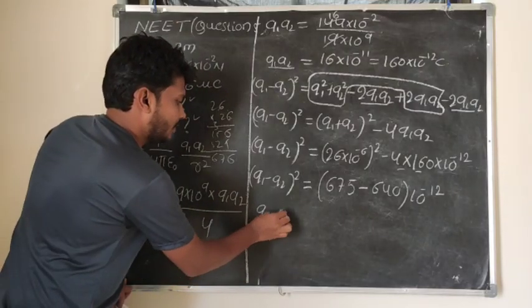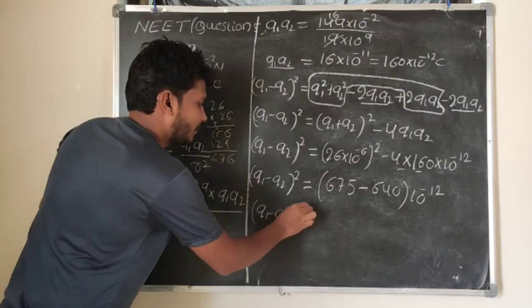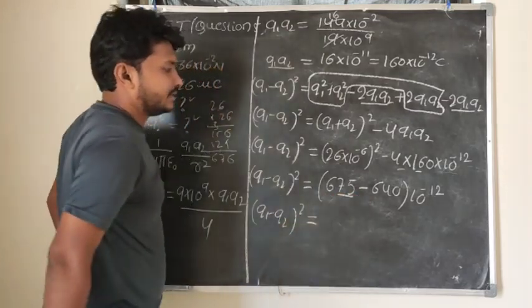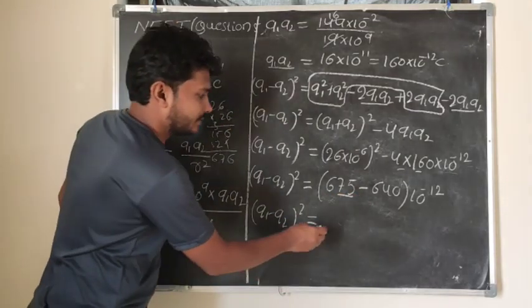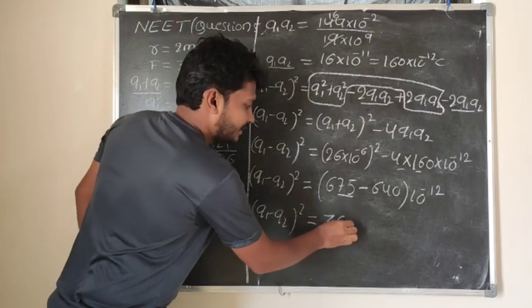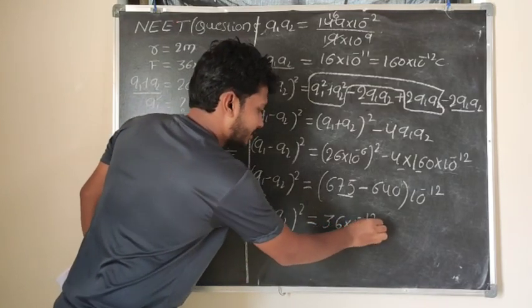So (Q1 minus Q2) whole square is 676 minus 640, which is 36 into 10 to the power of minus 12.